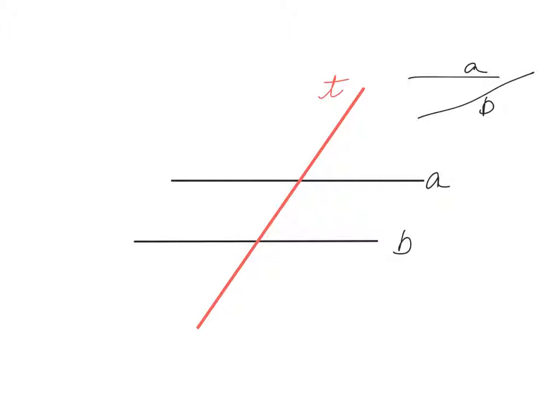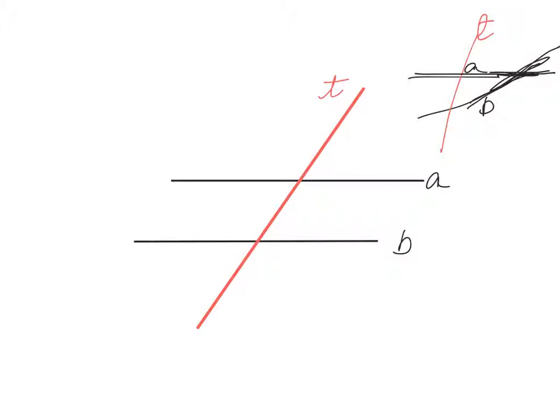So that's my transversal. Again, a transversal is a line that cuts through two other lines on the same plane. Now, in the case that I hand drew here, A and B, I can do a transversal like this, T. So obviously, when T cuts into A and B, T is my transversal. But notice in that example, lines can be extended, right? If I extend my A and extend my B, do you notice that A in this case is cutting through B and T, so A can be a transversal too.